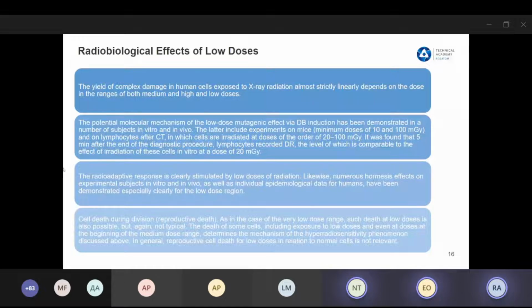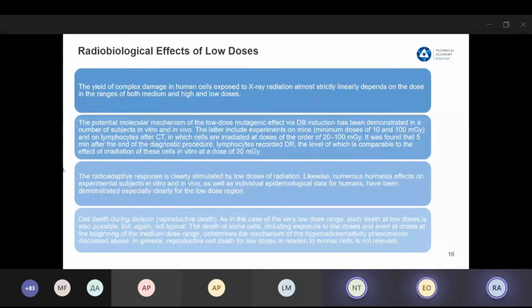Induction of cluster or complex damage is the main factor determining the specificity of the damaging effect of radiation.